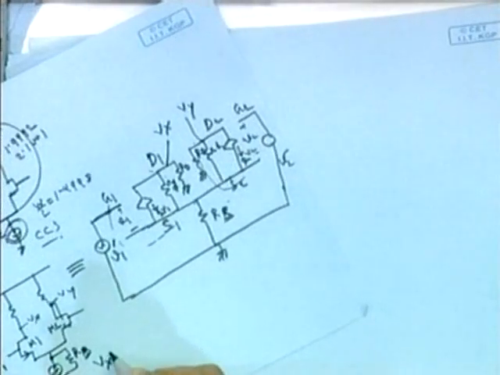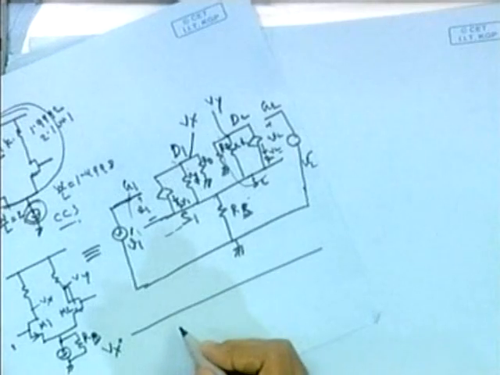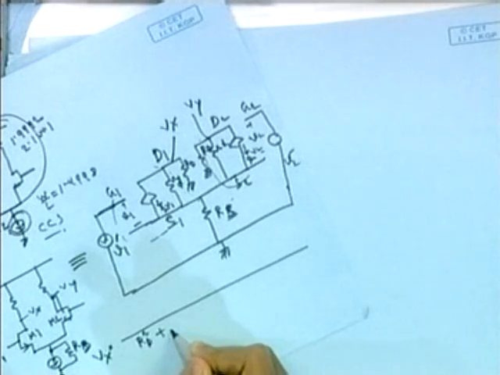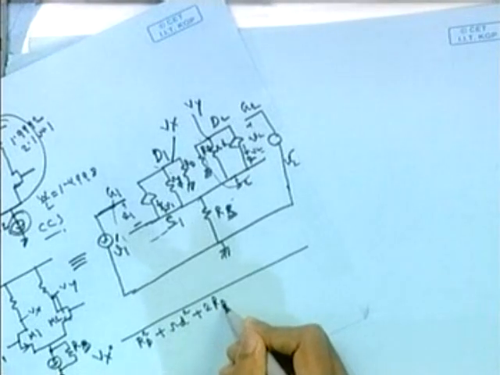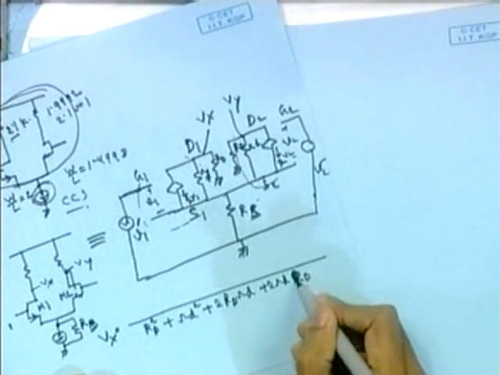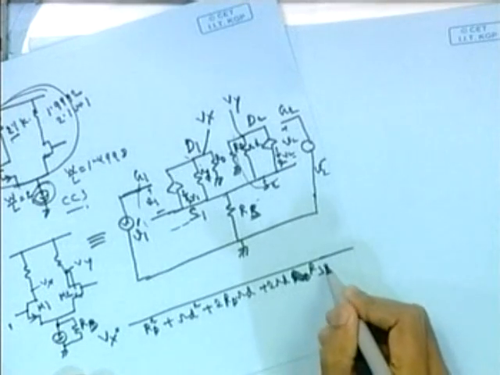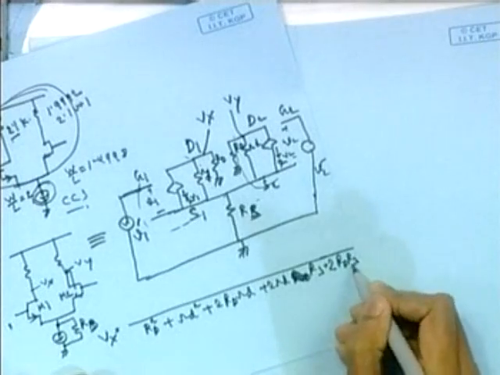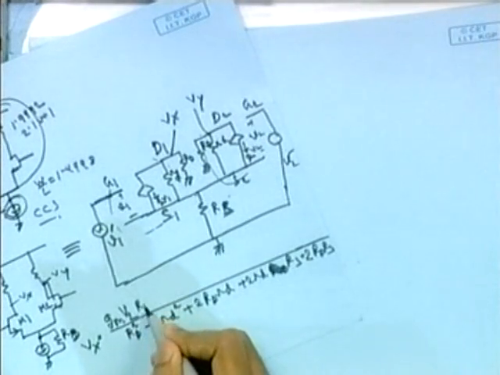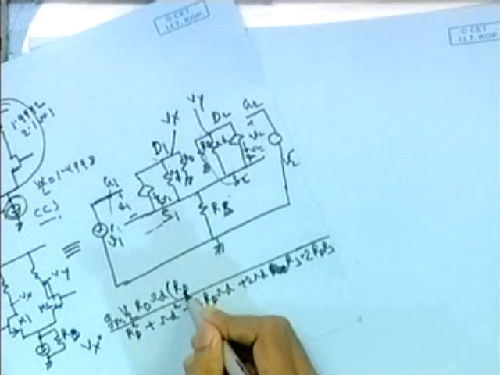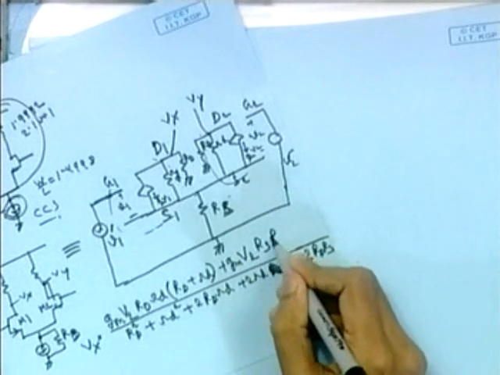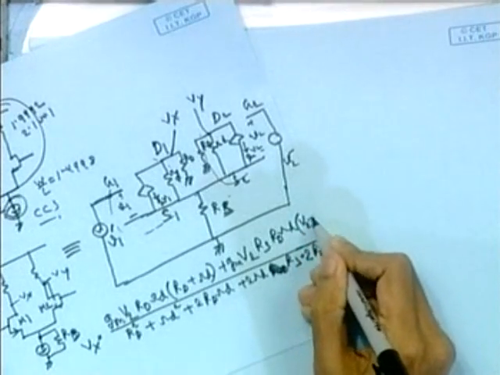You will get the expression for Vx, and that is a long expression, RD square, GMV2 RS RD, V2 minus V1.